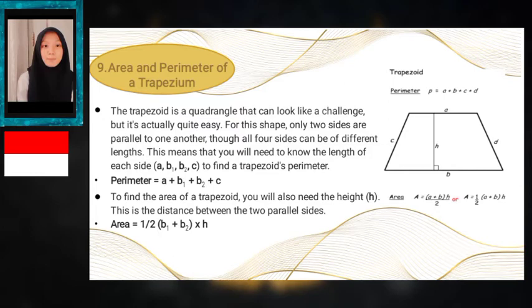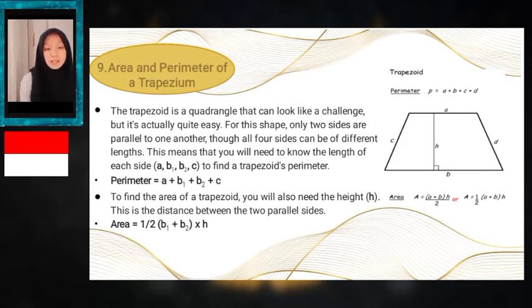9. Area and perimeter of a trapezium. The trapezoid is a quadrilateral that can look like a challenge, but it's actually quite easy. For this shape, only two sides are parallel to one another. All four sides can be of different lengths.